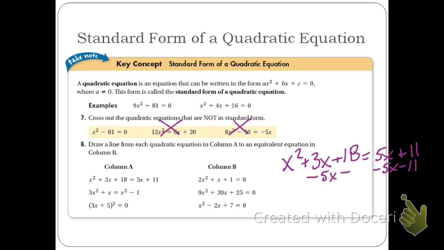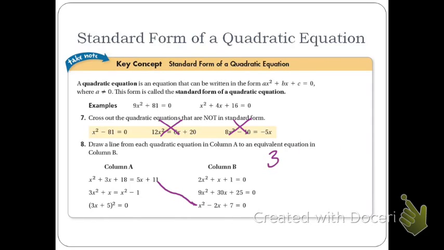We also need to move that 11 over as a negative 11, so you change the sign. Combine like terms, you get x squared minus 2x, because the bigger sign is negative, plus 7 is finally equal to 0. So that one matches that one right there.